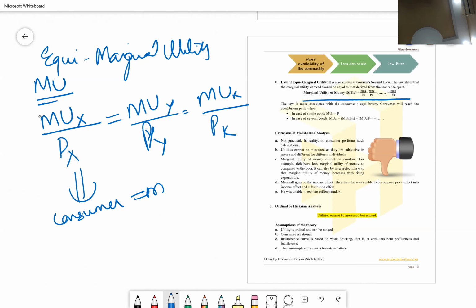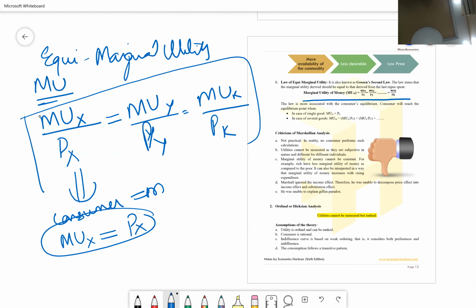Okay, so in case there's one single good, then the marginal utility derived from the good should equal the price. What a person is willing to pay for a commodity depends on the marginal utility of the good, right? So the marginal utility of the last rupee spent should be equal. How will this equation hold true when the marginal utility decreases with each successive unit?